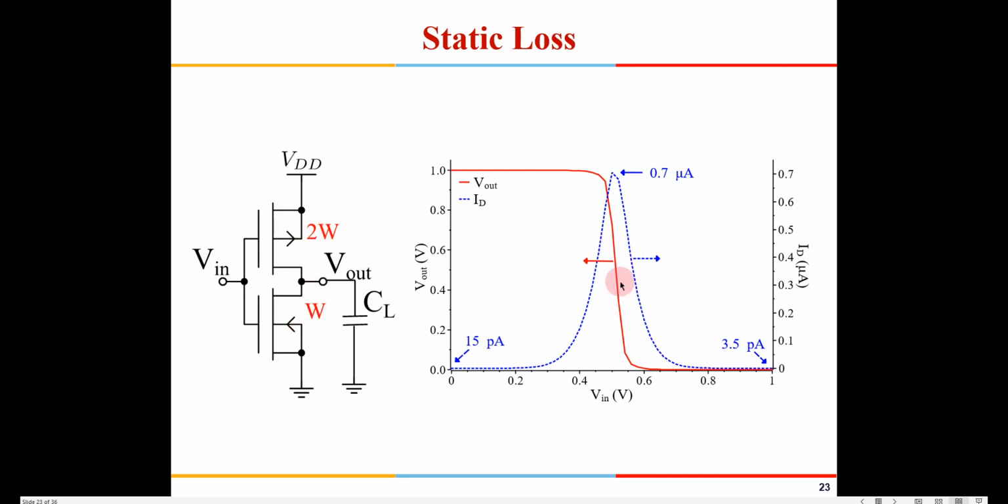So to keep the rise time and fall time, and also the VTC curve, in between, we make the response similar. We have to use at least twice the width for the PMOS compared to the NMOS. This we will discuss in detail in the next class when we look into inverter design. So that is the reason why I have kept W and 2W in this particular simulation.